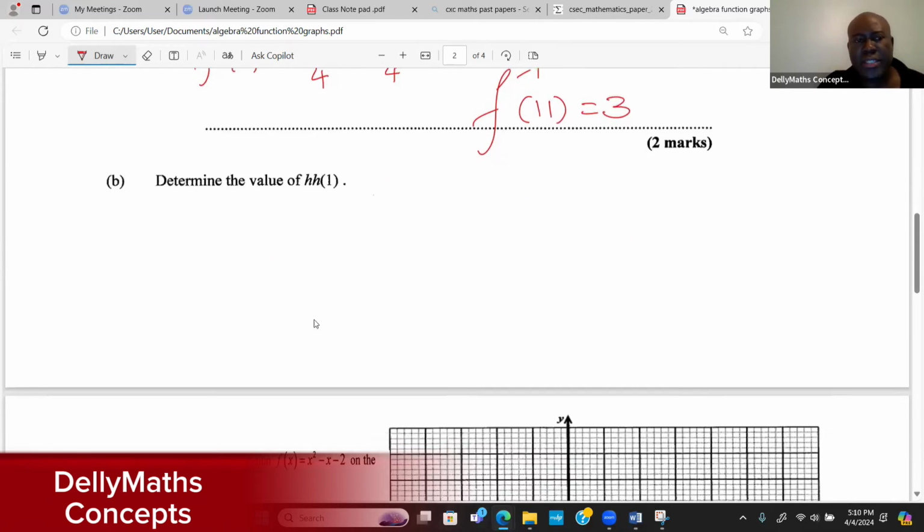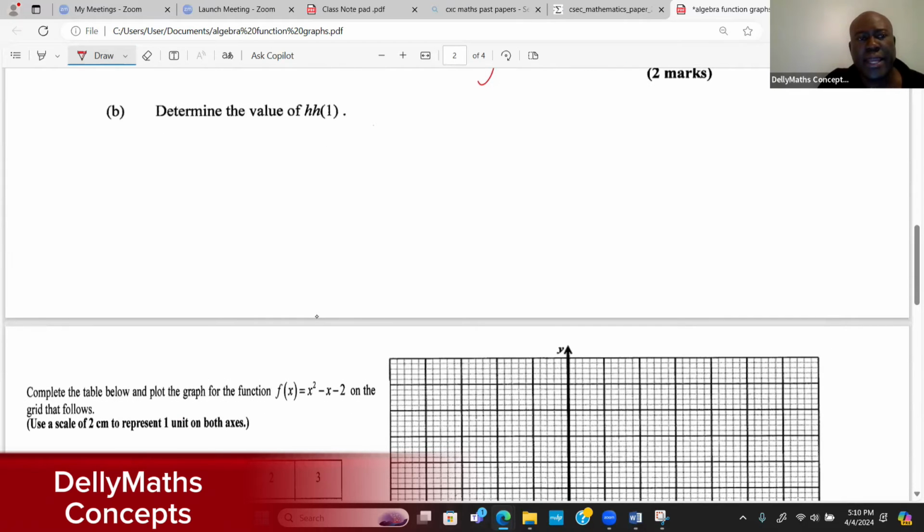All right, so for the other question, we want to determine the value of h of 1. Let us write back what the h function actually is. The h function was given as h of x is equal to 3 raised to the x. So that is our h function.